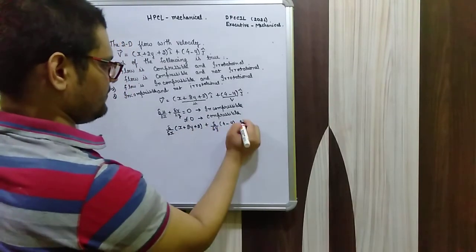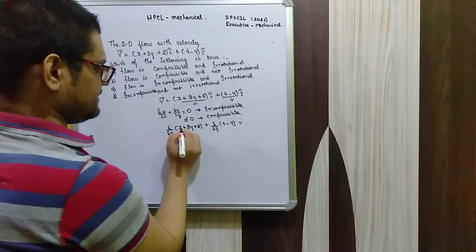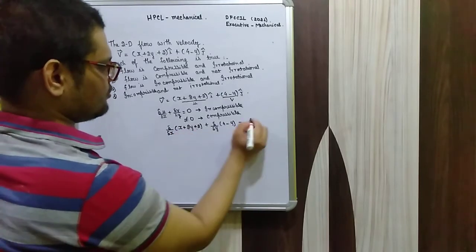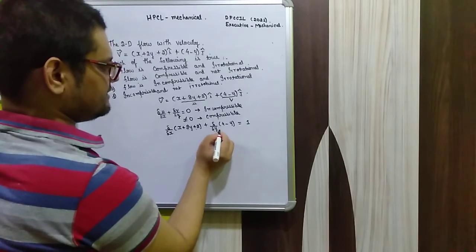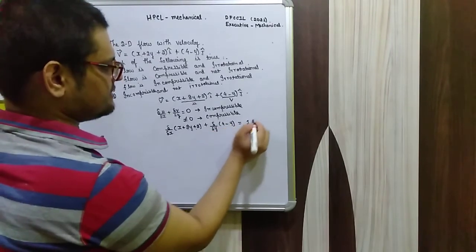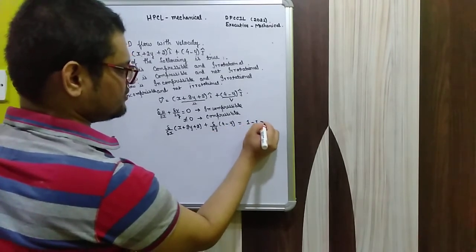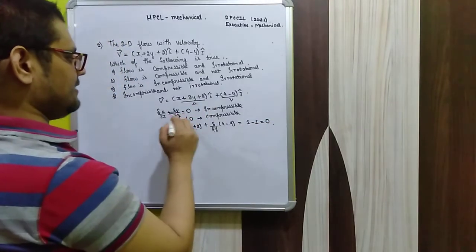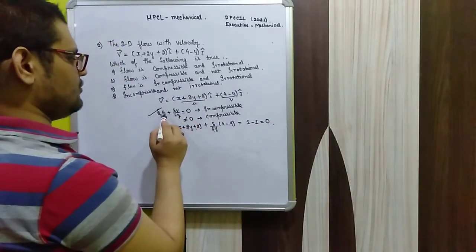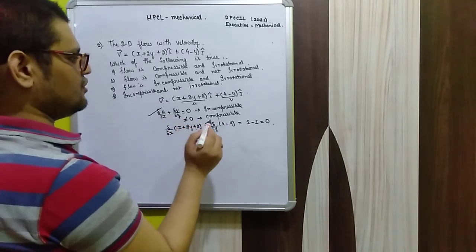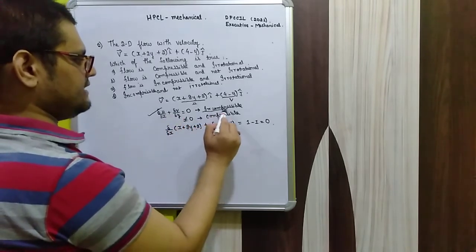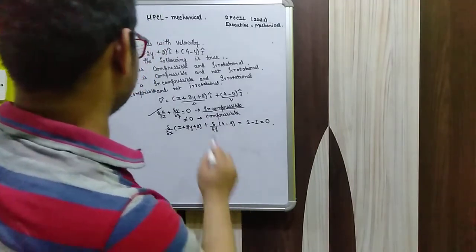Differentiating with respect to x gives 1 plus 0, so it will be 1, and differentiating 4 minus y with respect to y gives minus 1. So I can see this satisfies del U by del x plus del V by del y equal to 0. So the flow is incompressible.